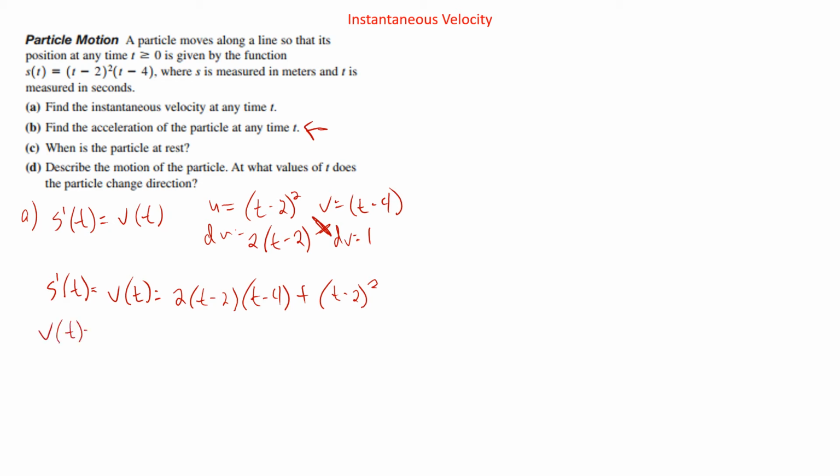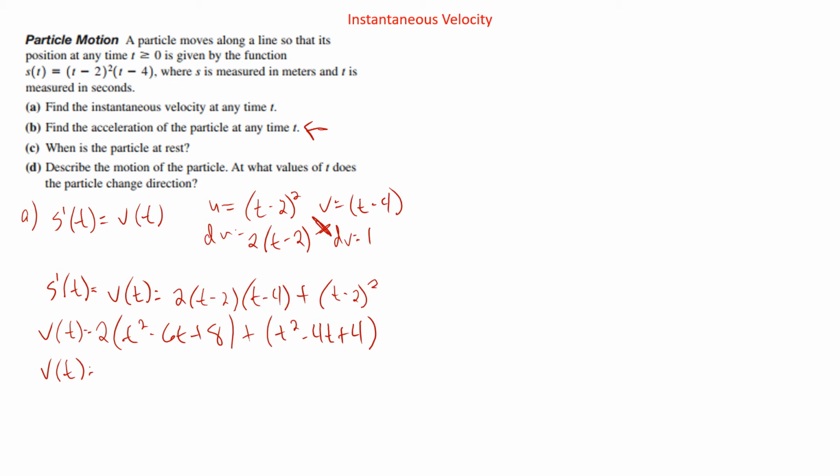So I'm going to say v of t. We're going to have 2 times, multiply these guys together, we get t squared minus 6t plus 8, and then plus, square that, t squared minus 4t plus 4, right, because that's not t squared minus 2 squared. Don't be that guy. We can distribute the 2 through and combine our like terms.